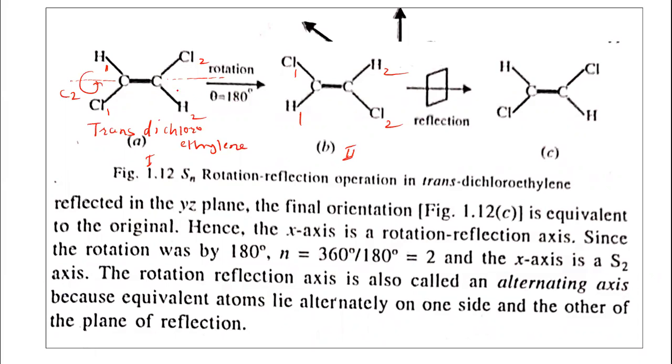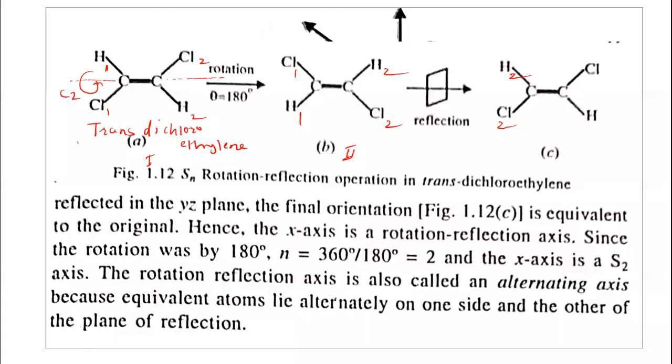So we rotate the molecule around 180 degrees. Now when we pass the mirror plane through this, reflection in front of the mirror, what happens? This is now Cl2 here, this is hydrogen 2.